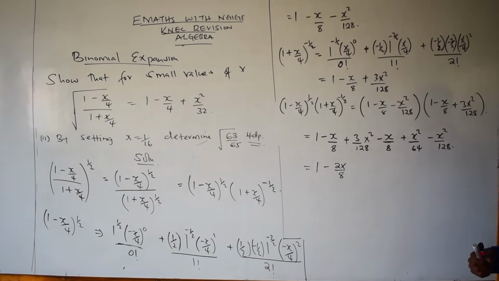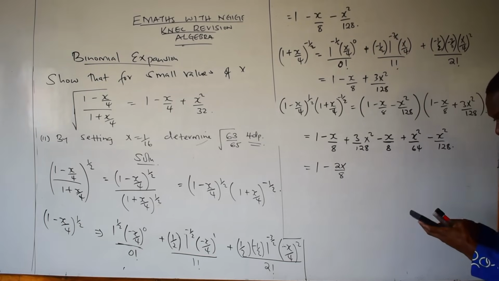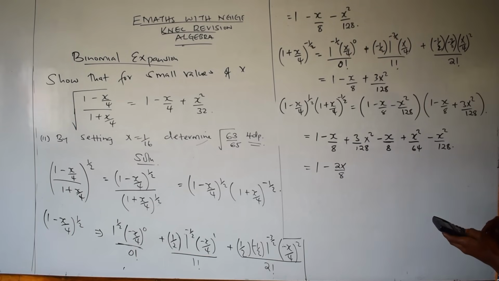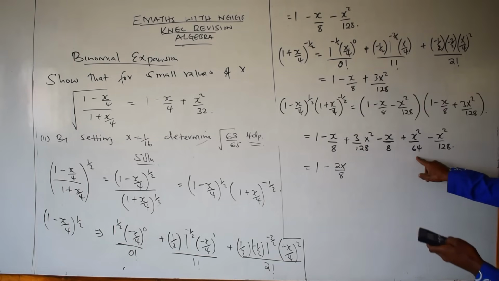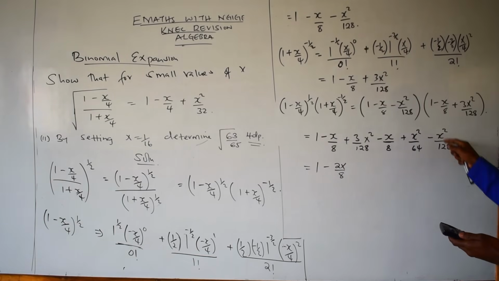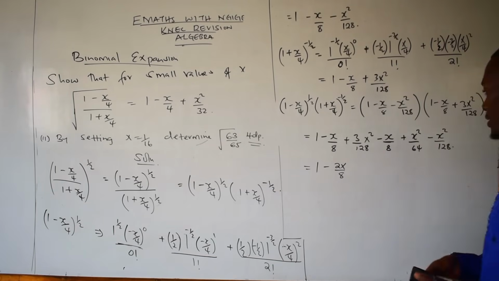So 3 over 128, then plus 1 over 64, right? Then minus 1 over 128. That gives you 1 over 32.